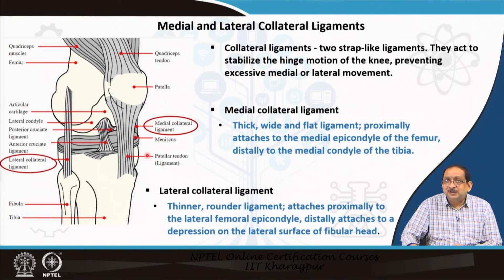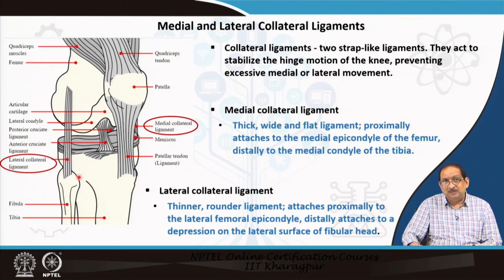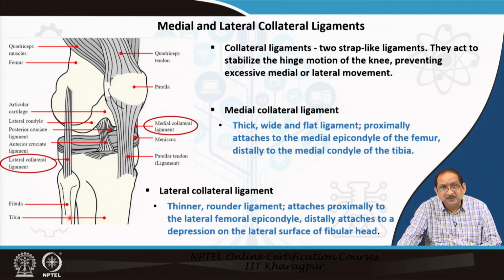The lateral collateral ligament in comparison is a thinner and rounder ligament, and as you can see here, it attaches proximally to the lateral femoral epicondyle and distally it attaches to a depression on the lateral surface of the fibula bone. So, there is another bone, the fibula, and it attaches on the lateral surface of the fibular head.